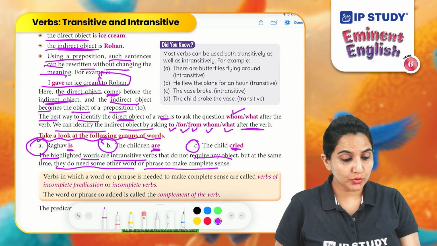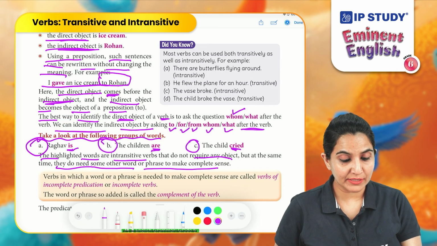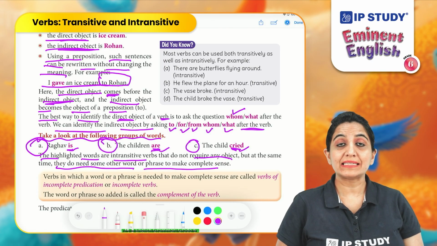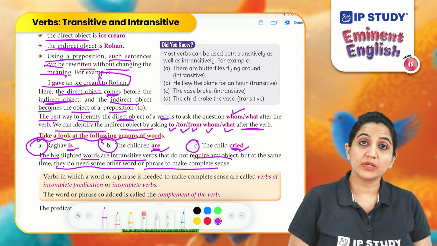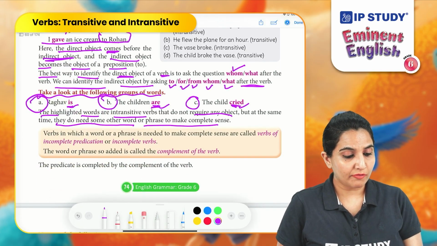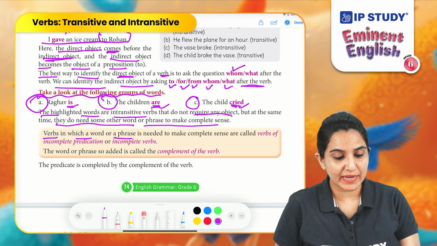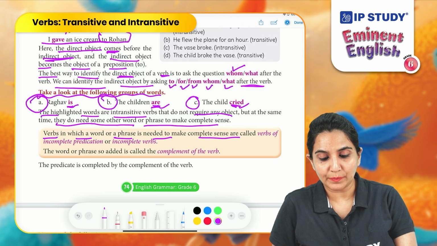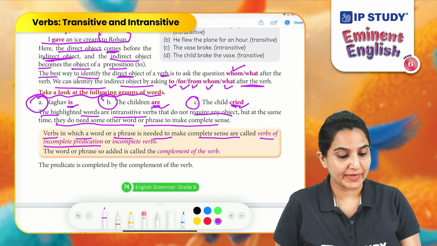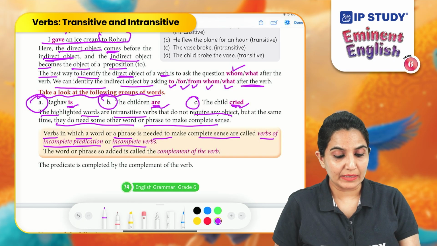So although these verbs, is, are, cried, are intransitive and do not need an object, they still need some other word or a phrase to complete the sense. Verbs in which a word or a phrase is needed to make complete sense are called verbs of incomplete predication or incomplete verbs.